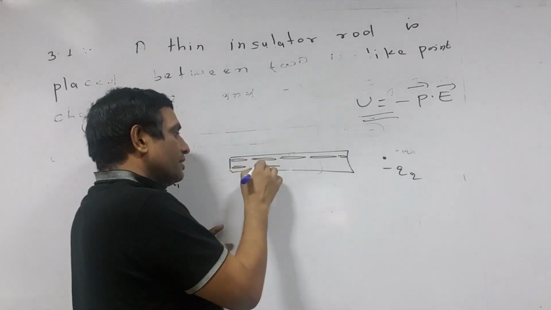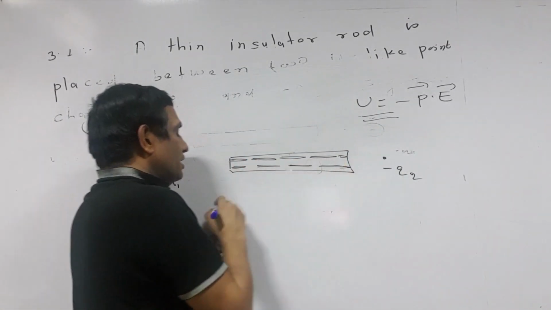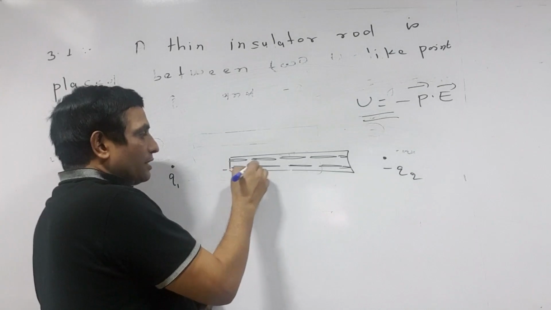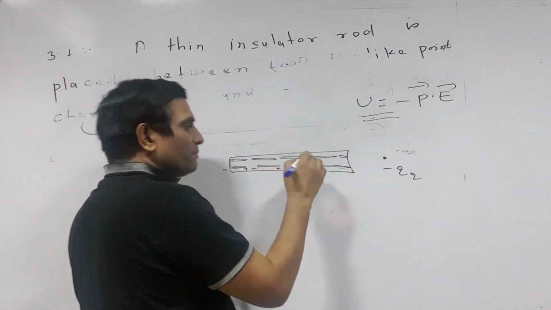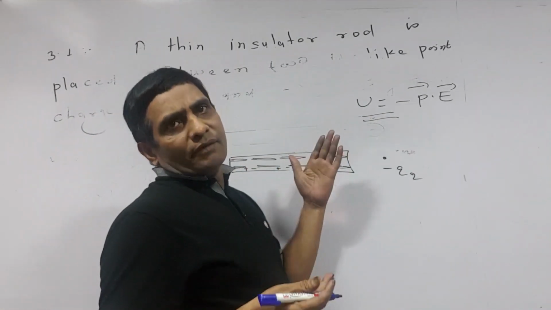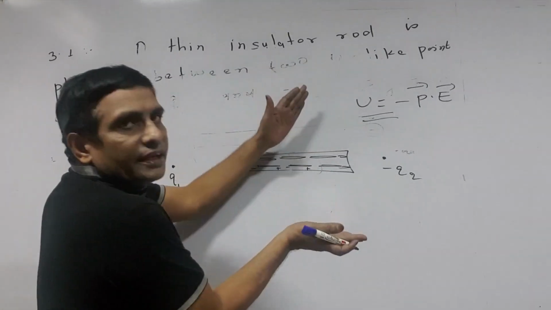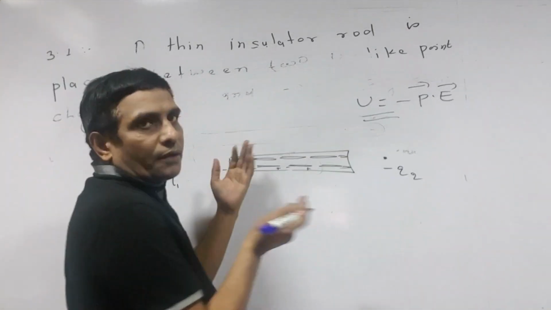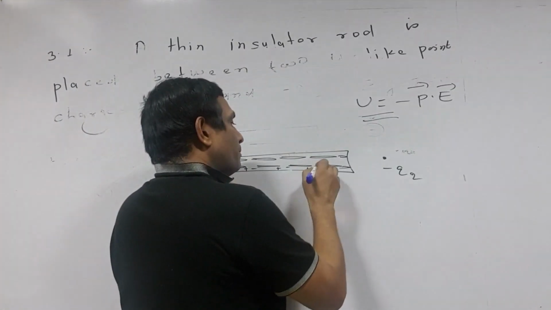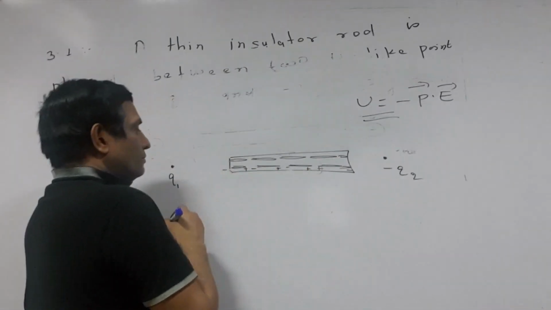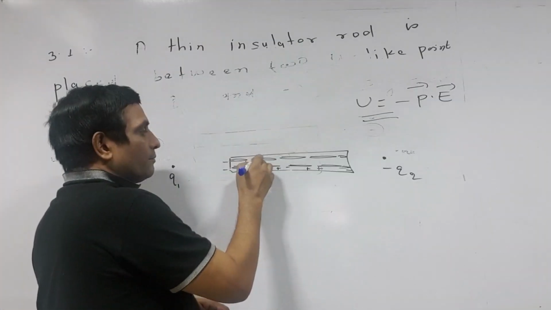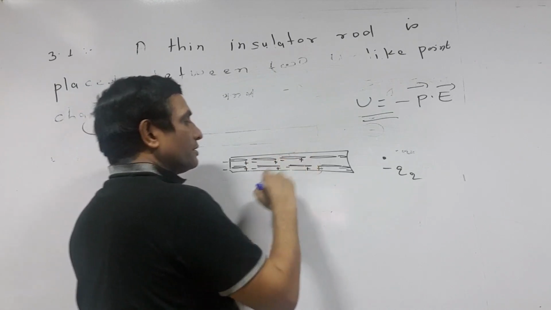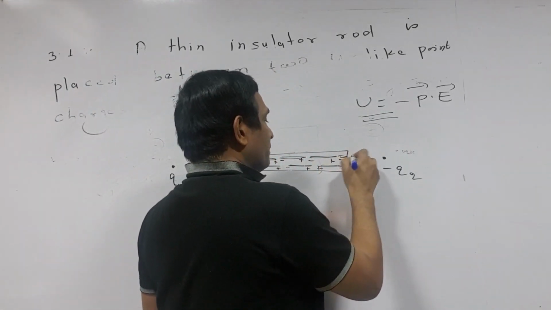Dipoles are arranged just like this. Here your minus, plus, minus, plus, minus, plus, but some are random also, with some inclination due to thermal energy.